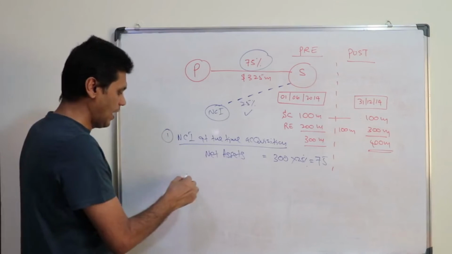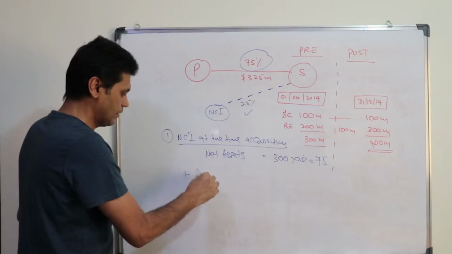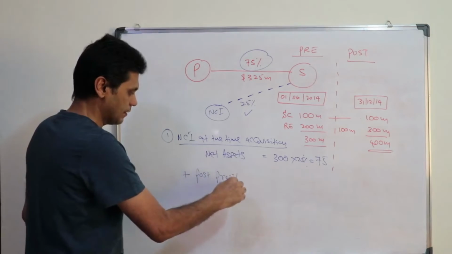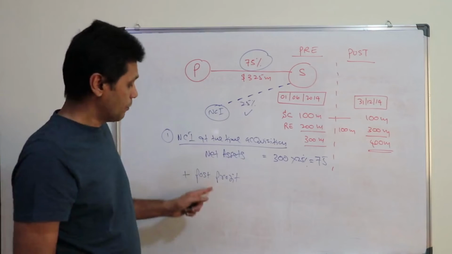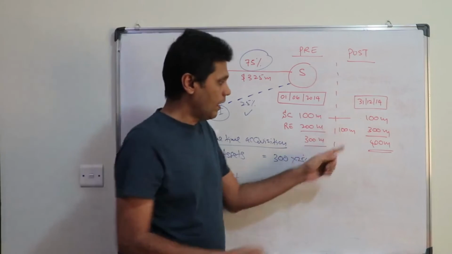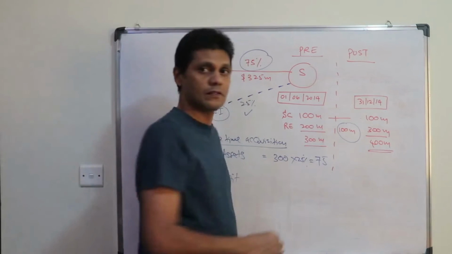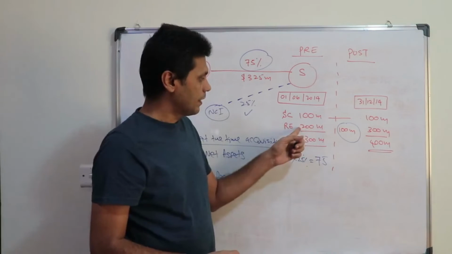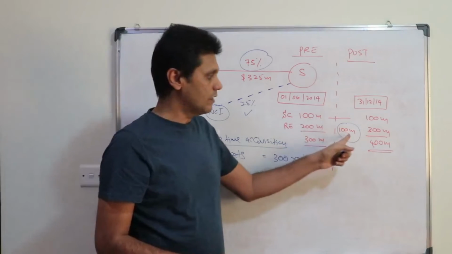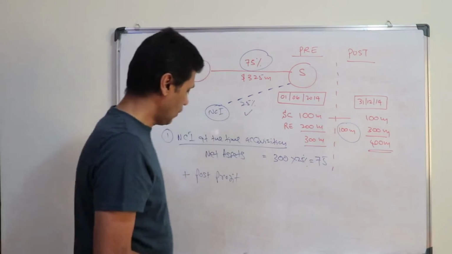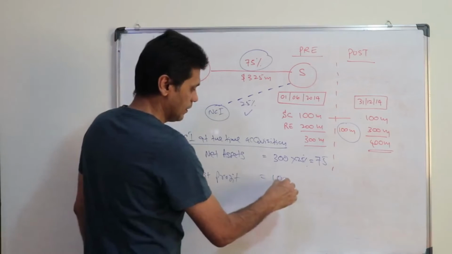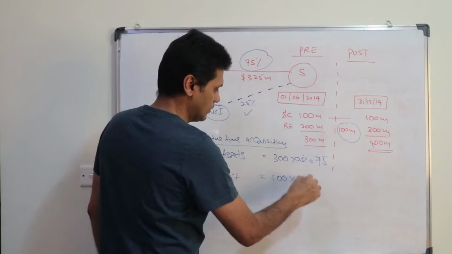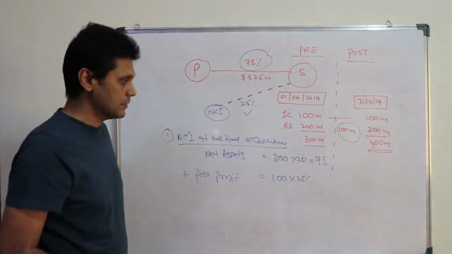To this you need to add whatever the post profit earned after the acquisition. So post profit will be 100 million. They had retained earnings of 200 million, subsequently they earned 100 million. So on that 100 million, we need to take 25%, which is the non-controlling interest percentage.